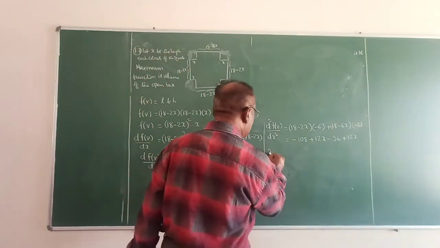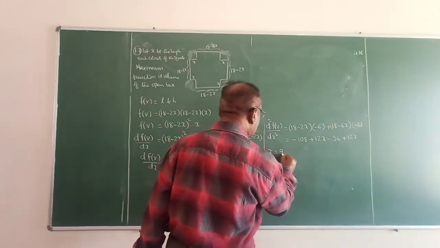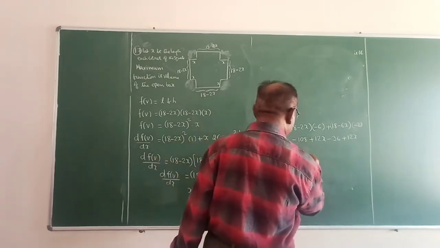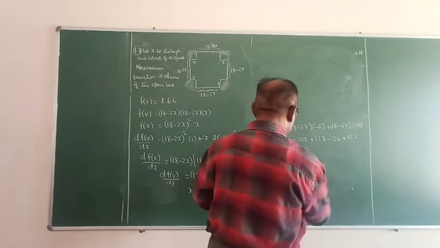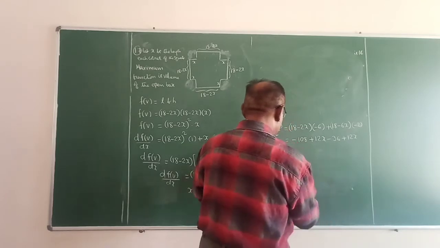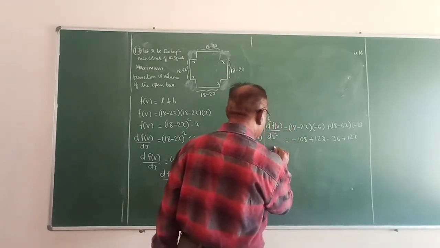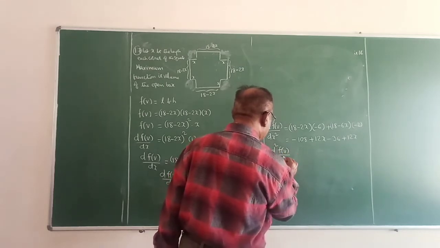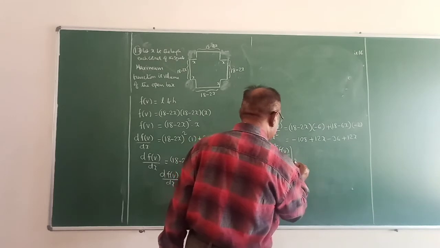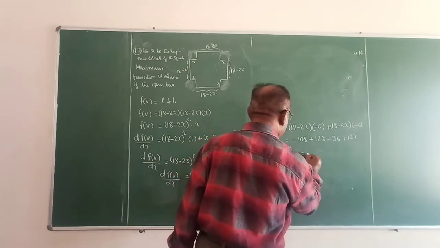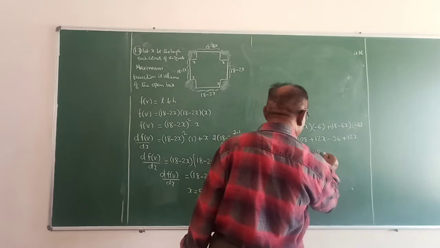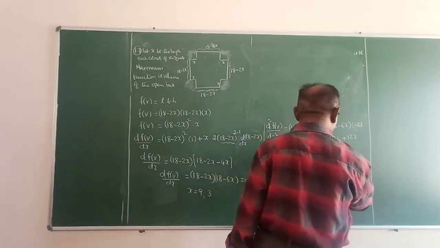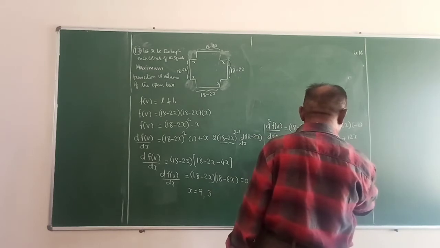First, substitute x is equal to 9. So this is minus 108. At x is equal to 9, substituting in d square f of b by dx square, in place of x I am substituting 9: minus 108 minus 36, 12 into 9 is 108, plus 108.